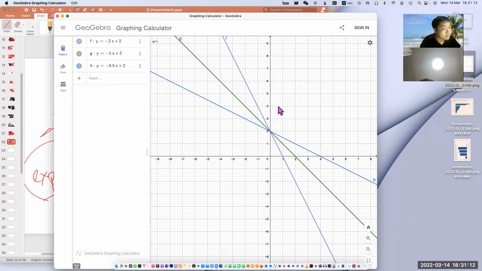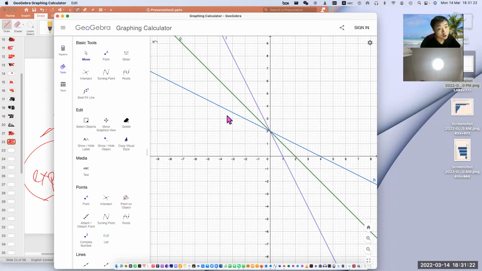Then you will see the impact very fast. And by the way, there are a lot of great tools here which you can use. I probably can teach you how you can use this for your entire secondary school career.